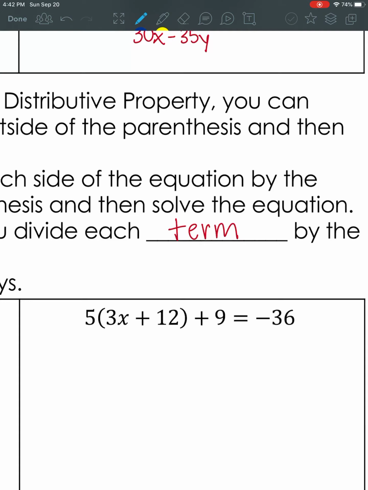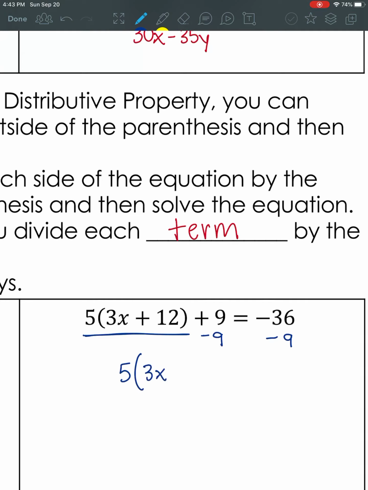Okay, now the other way we can do this is look at the number outside of the parentheses. So we have a 5 here. What we would want to do is divide everything by that 5. Before we begin, we'd want to have this part all by itself.